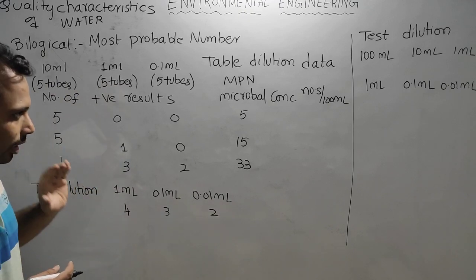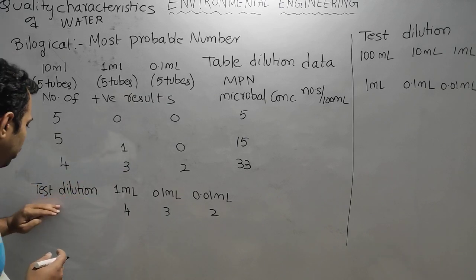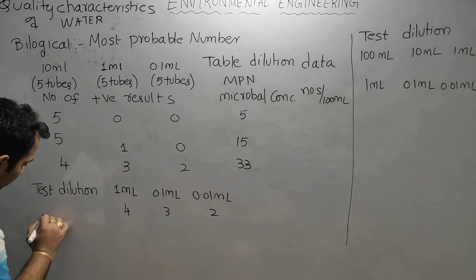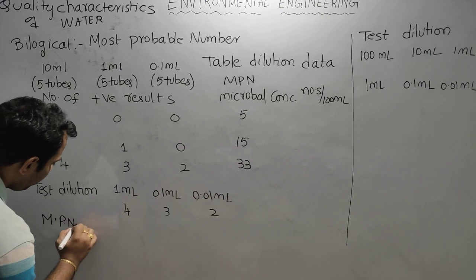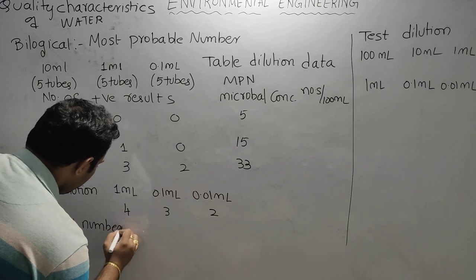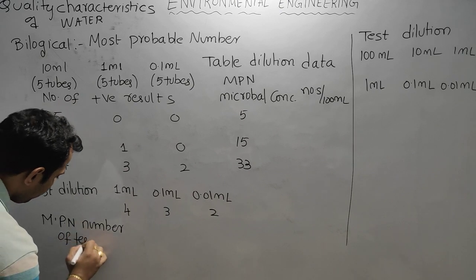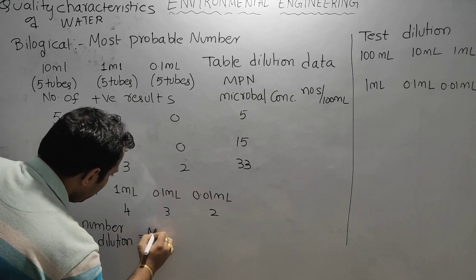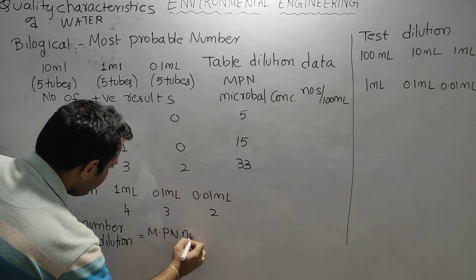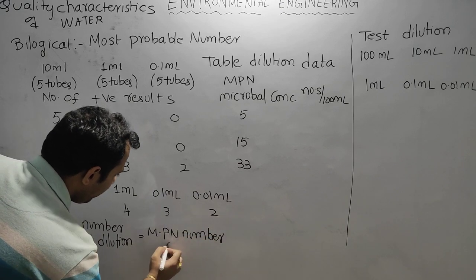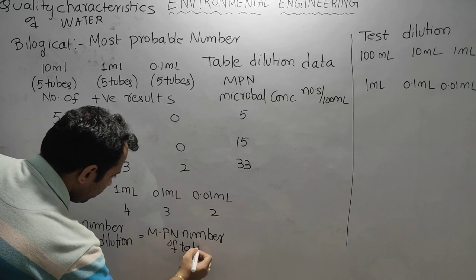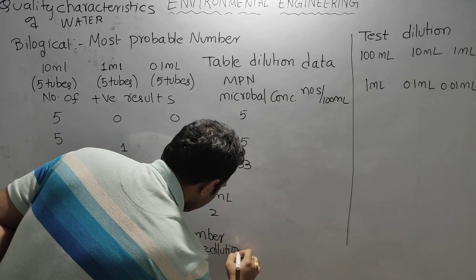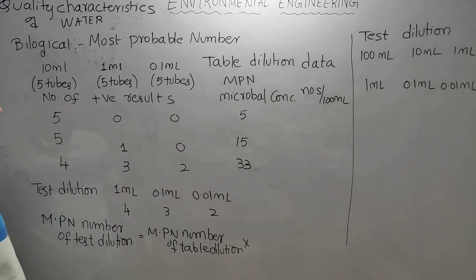So whatever the test dilution, the MPN number of the test dilution is equal to the MPN number of the table dilution multiplied by table dilution by test dilution.